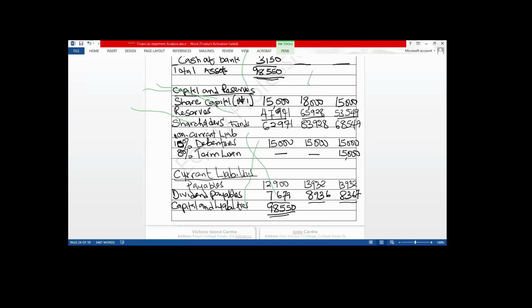This we learn in our 4th year of accounting. Your total assets must equal the capital and liabilities. So please sum up shareholders' funds plus non-current liabilities plus current liabilities. What is the total, please?